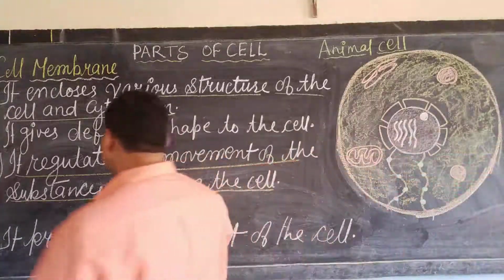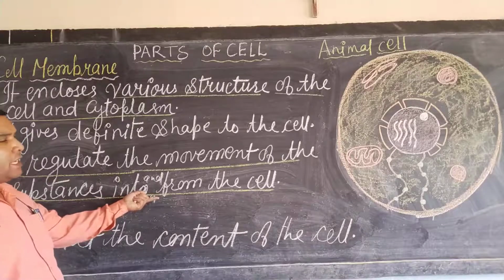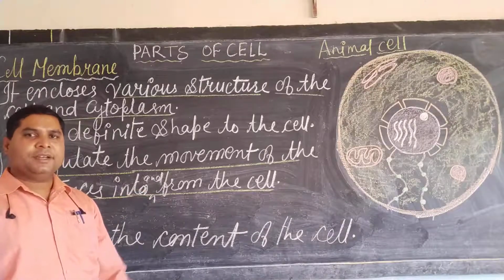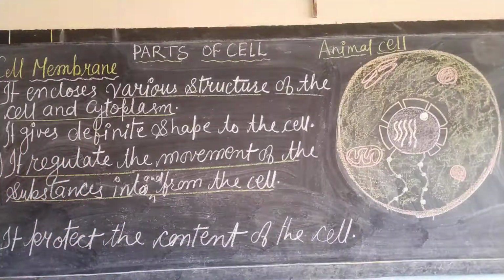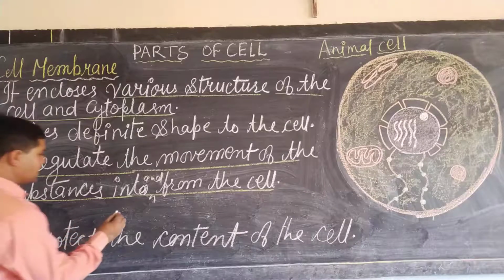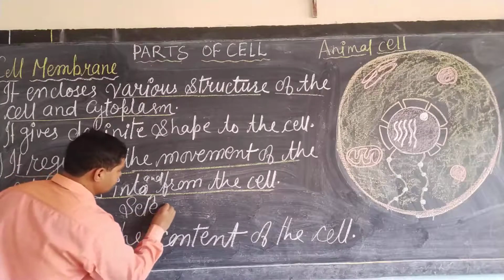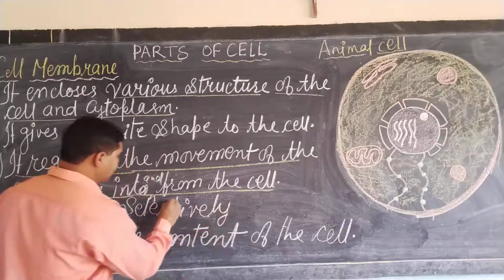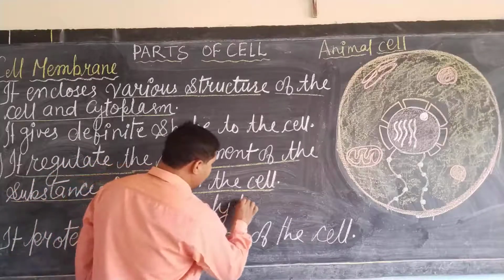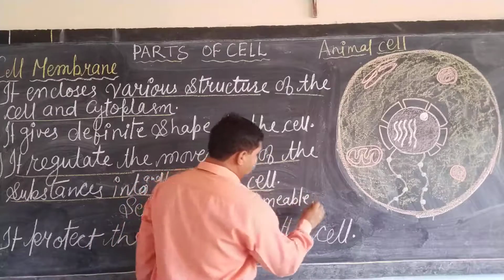So the function is it regulates the movement of substances into and from the cell, and due to this important function, the cell membrane is also known as a selectively permeable membrane, dear student.